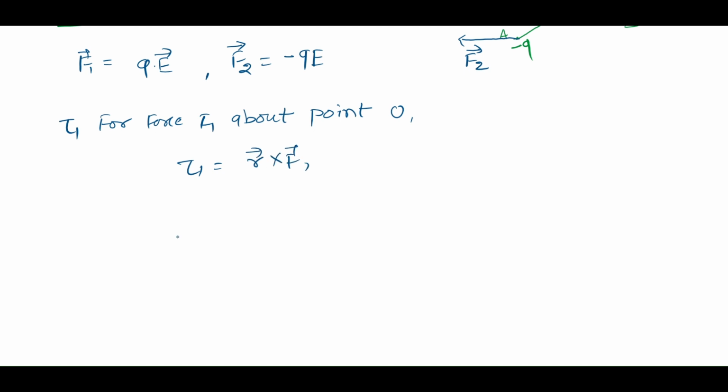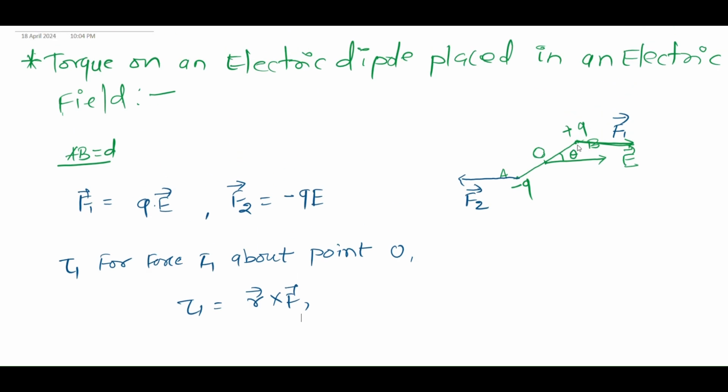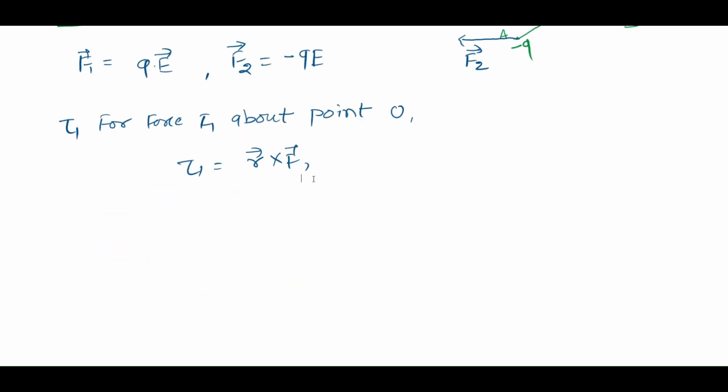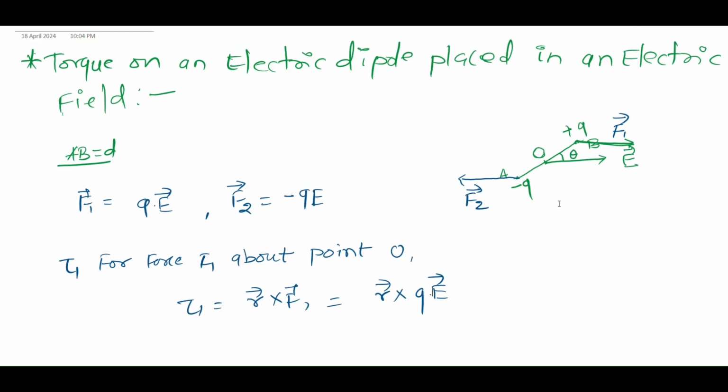So r is the vector from O to the point where the force is acting, and F1 is the force. Okay, so we can write r cross F1 as OB cross qE, where r from O to B is OB.